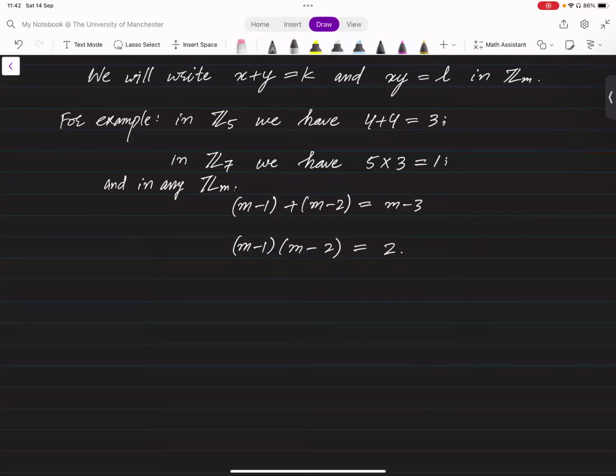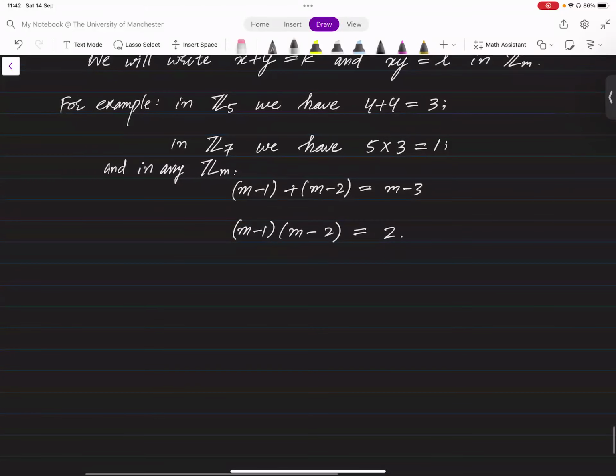Now the system Zm is quite a useful one. We can do quite a bit of algebra in it, such as taking powers and solving equations. So let's try some examples to understand it more.